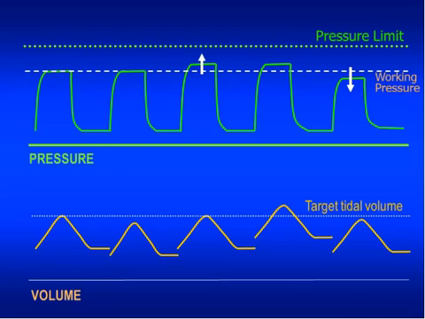In the lower panel, you see tidal volumes. With the first cycle, whatever the working pressure is resulted in a tidal volume that was on target. All's good, so there's no change in the pressure for the next inflation.